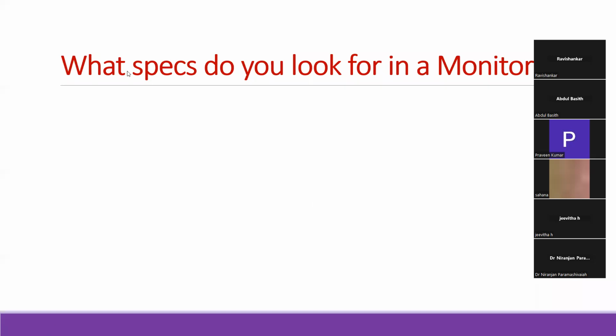Now, is there a requirement for the monitor to have some specifications as well? If so, what is it? What are the things that you look at? Sahana, you want to have a go at it? We need an HD monitor, sir. Okay, very good.